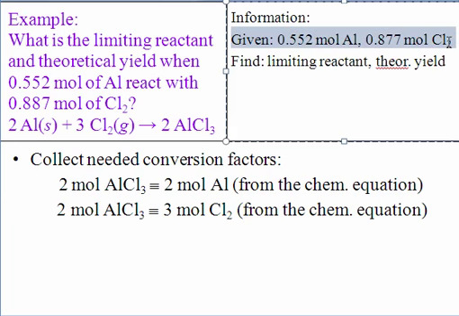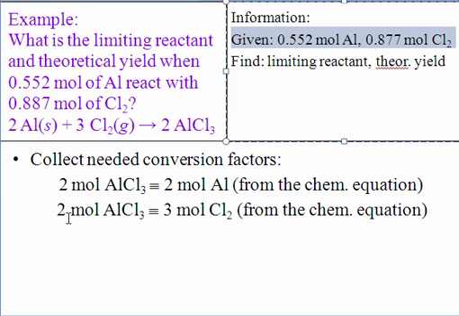We're given amounts in moles of both of our reactants. And since we're in moles already, we don't have to convert to moles. Then we're going to see how much product each of these reactants can make. And since we only have one product, we don't have to choose a certain product to use.